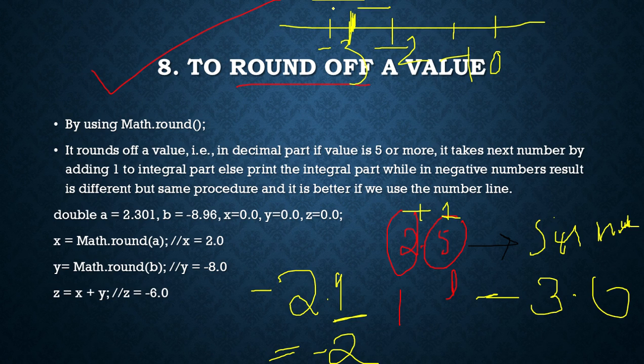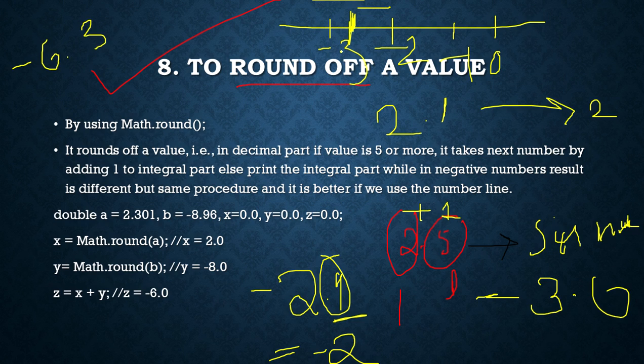In negative numbers, if you go -3, -4, -5, the number becomes smaller and smaller. For -2.9, you have to take the bigger value, so it takes -2. But if it is 2.1, it takes the smaller value next to it, which is 2. But if you take -6.3, what is the smaller value next to -6.3? Very good. Not -6 but -7. -6 is a bigger value, but -7 is a smaller value.